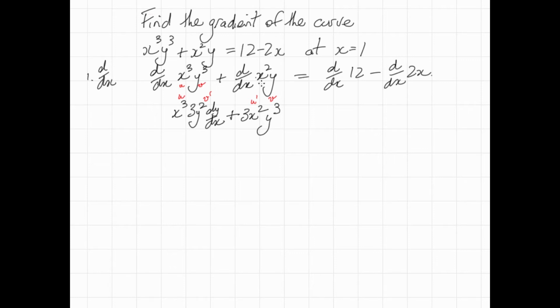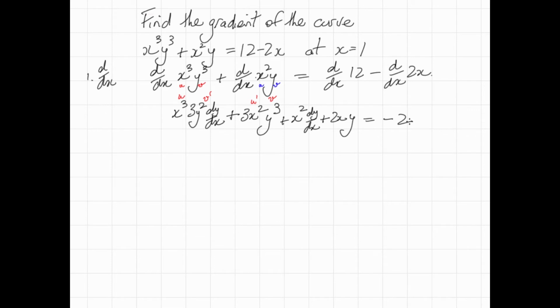Alright, if we go over here, this will be my u and this will be my v, and so we've got plus u, which is x squared, v dash is just dy/dx, plus u dash, which is 2x, and v is y. So those two terms are the derivative with respect to x of x squared y, equals the derivative with respect to x of 12, a constant, so 0, minus the derivative with respect to x of 2x, which is simply 2.